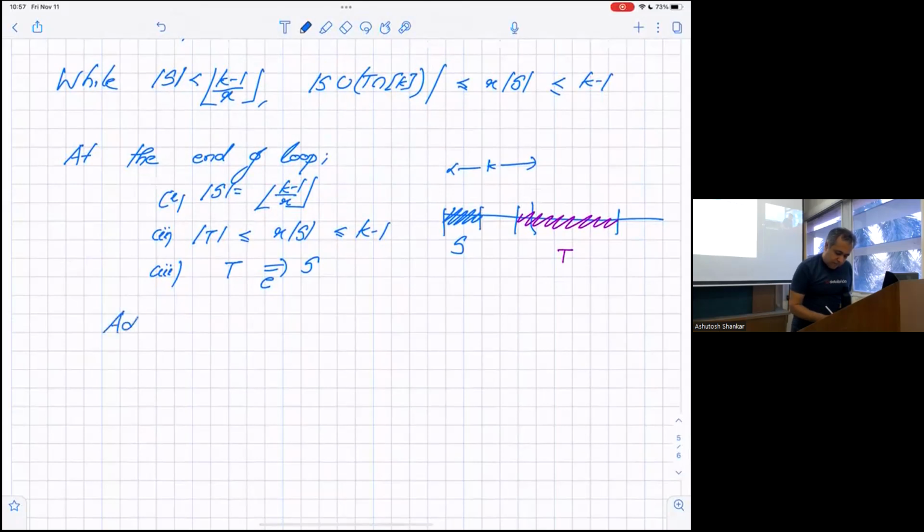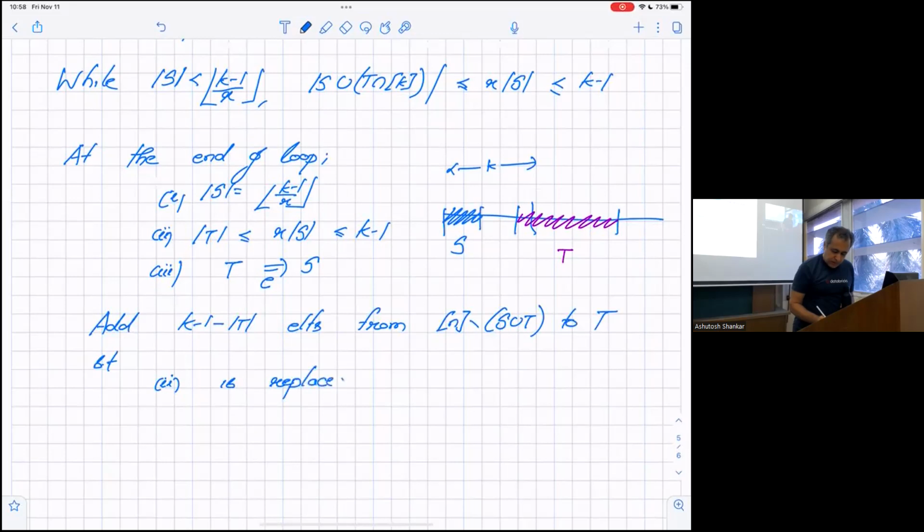Add K minus 1 minus mod T elements from the remaining space, outside S union T, to T, such that mod T equals K minus 1.